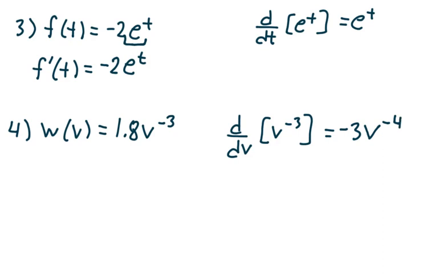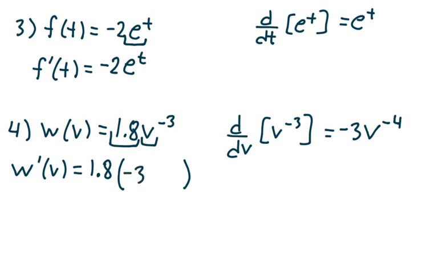Because remember, negative 3 minus 1 is negative 4. So if I want w prime of v, I'm going to write down this 1.8, and then I'm going to differentiate v to the negative 3 with respect to v.